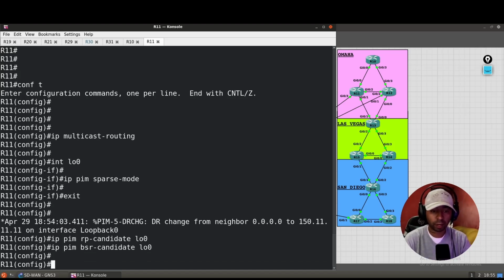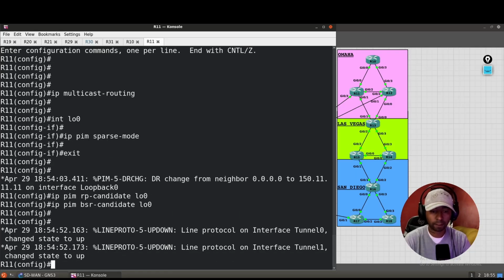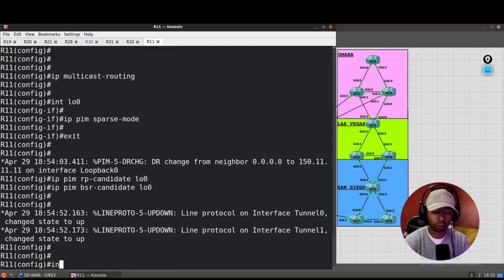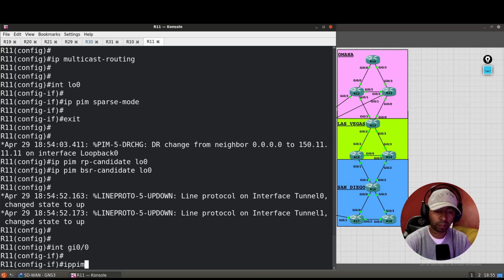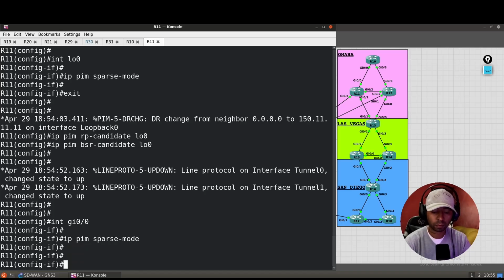That's it for now. So we are going to go interface gigabit 0/0, IP PIM sparse-mode, exit.